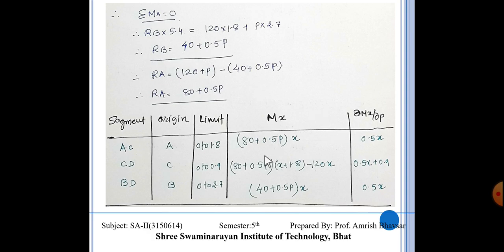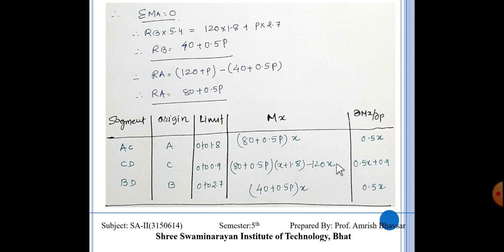Mx is (80 plus 0.5 P) into X. Second, (80 plus 0.5 P) into (X plus 1.8) minus 120X. And the last one is (40 plus 0.5 P) into X. Now the derivatives of these are 0.5 into X, 0.5 into (X plus 0.9), 0.5 into X. So these are our final terms.